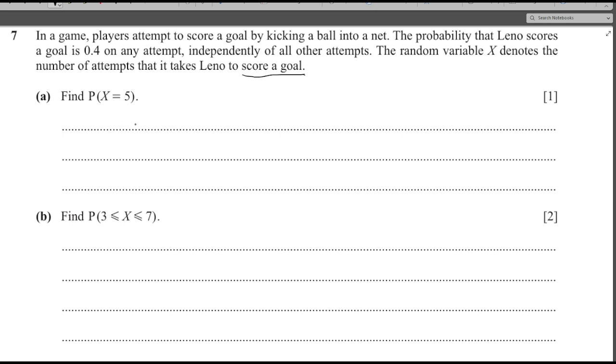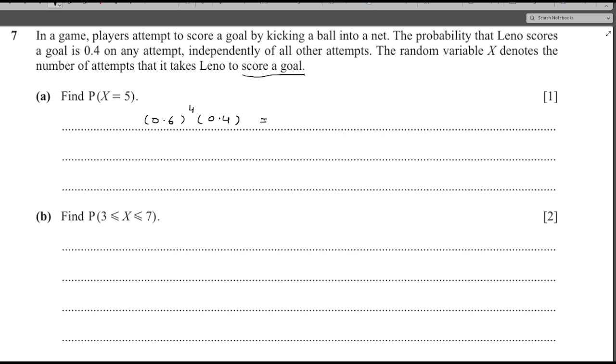That means on the first 4 attempts, he did not score a goal. So the possibility of that is 0.6. Now in 4 attempts, he did not score a goal, and on the 5th attempt, he scored a goal whose possibility is 0.4.